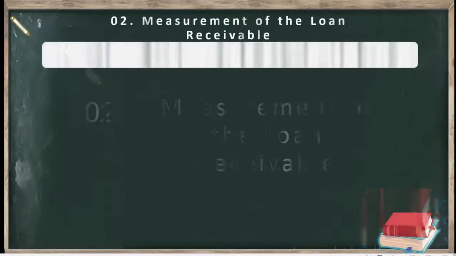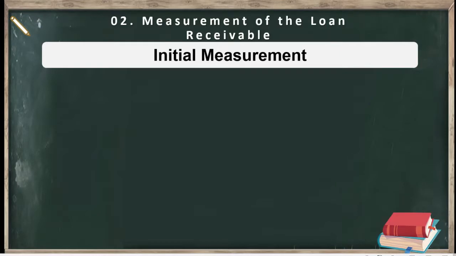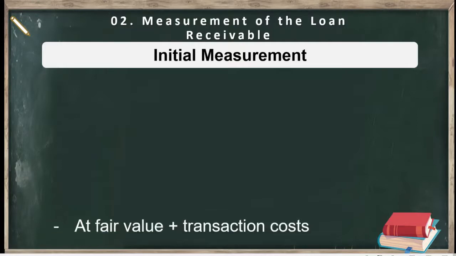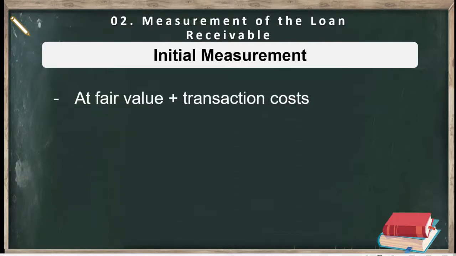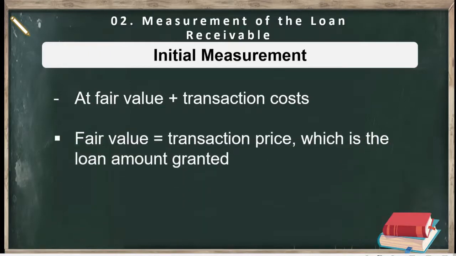So how do we measure the loan receivable? On initial measurement, the first time that we record the transaction of the loan, the loan will be measured at fair value plus transaction costs that are directly attributable to the acquisition of the financial asset. What is this fair value?